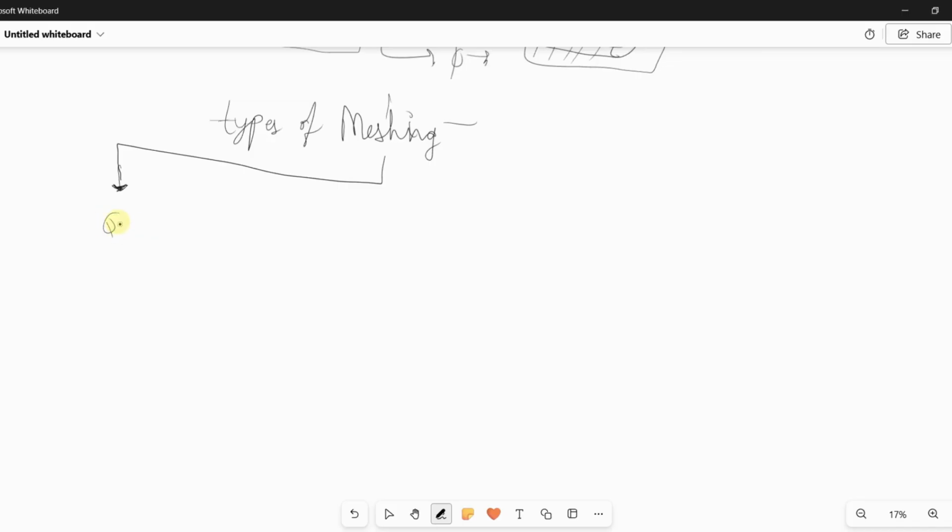So you have quad. This is just your normal square shaped. Then you have your triangle. Then you have hexahedron. Hexahedron is more like a cube, just a complex term for cube.